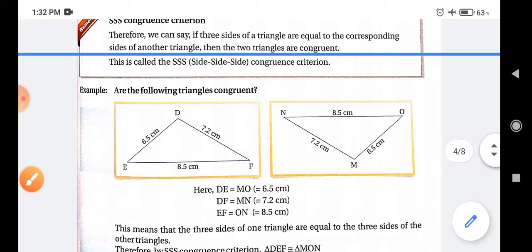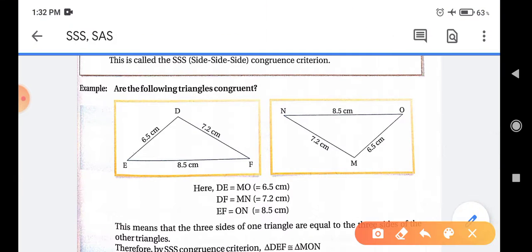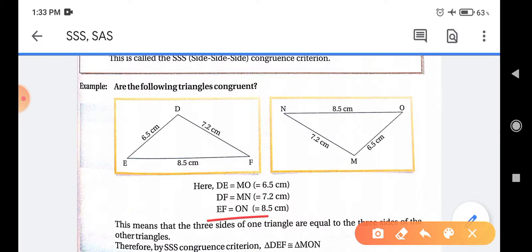Now there is one example of SSS congruence criterion. Are the following triangles congruent? We are given two triangles DEF and MON, and we have to check whether they are congruent or not. All the sides are given, so we will use sides. DE is equal to MO, 6.5 centimeter. EF is equal to ON, 8.5 centimeter.